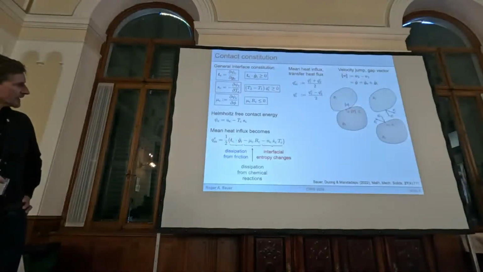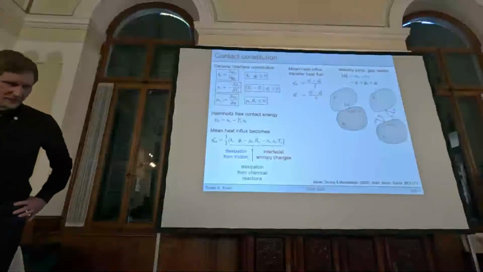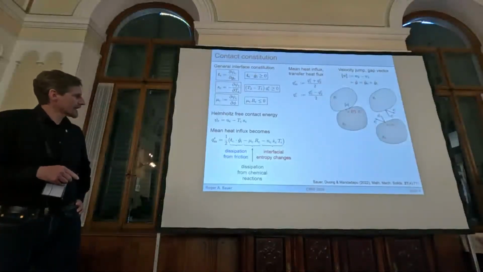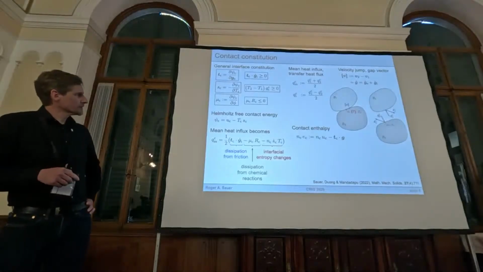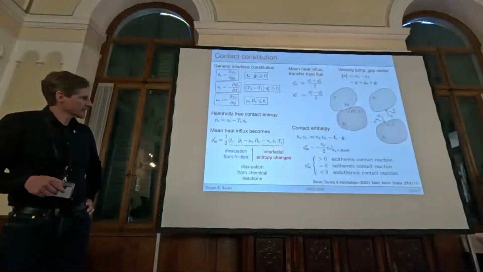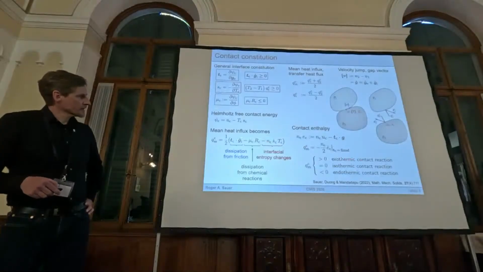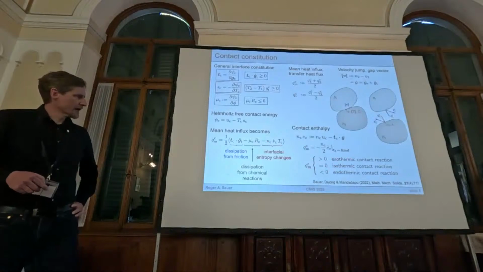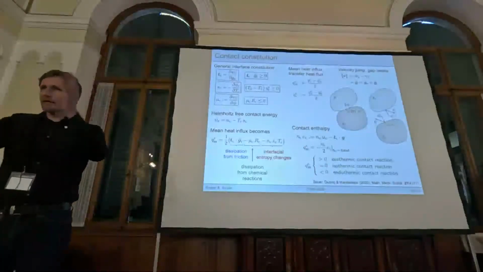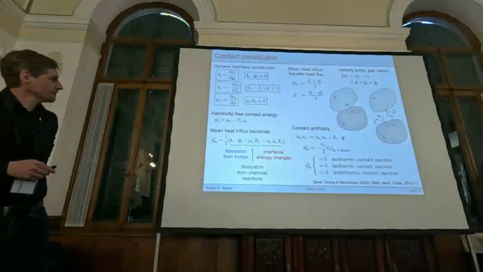It contains the dissipation from friction, the dissipation from the chemical reactions, and interfacial entropy changes. So this piece can then be examined and associated with an enthalpy, and then found that in case there's no friction, the reactions are either exothermic, isothermic, or endothermic, depending on the sign of this influx. So the interface can either give up heat or can store heat.